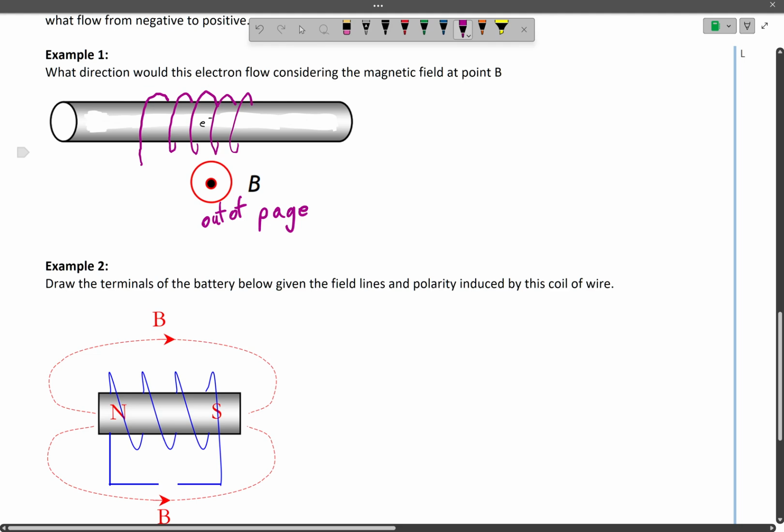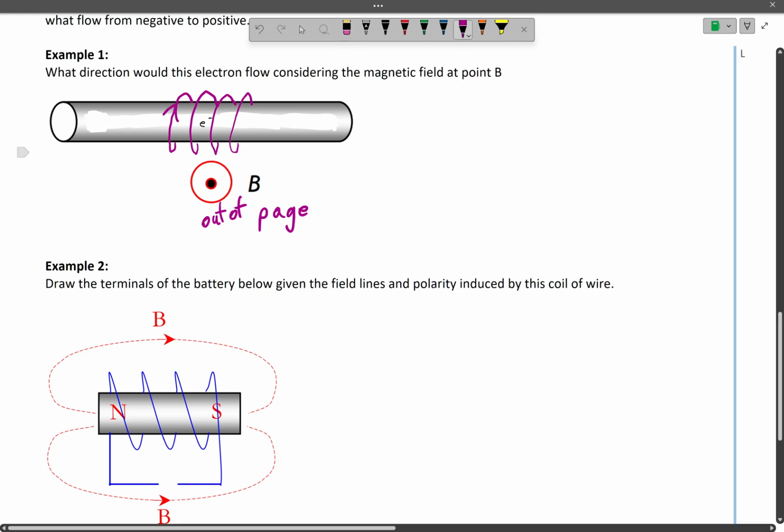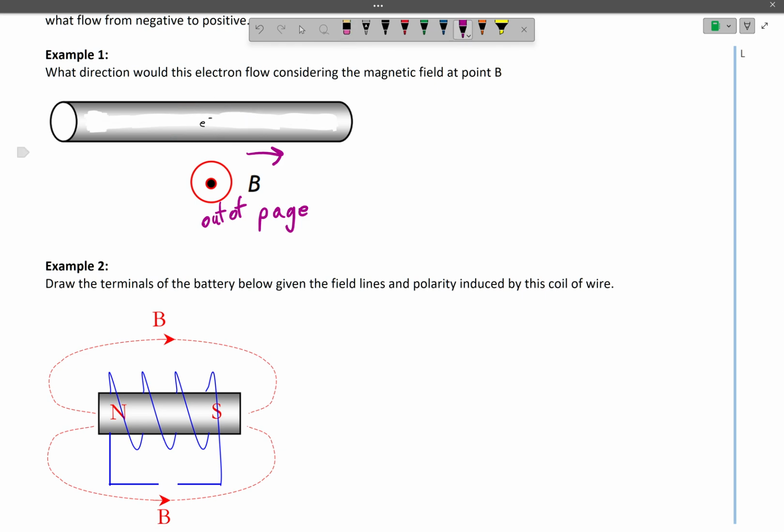Okay, that's not great because it's a little bit confusing there, but that's what your fingers are showing, wrapping around in this direction. Okay, with that in mind, that means your thumb is pointing this way. So that means the electron flow is in that direction.